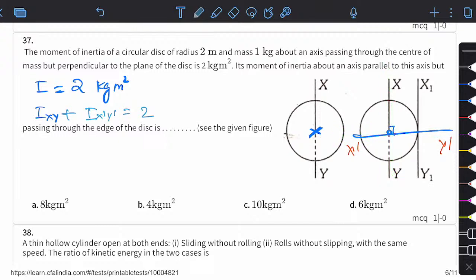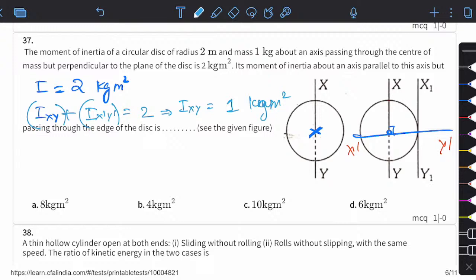Now notice both those axes are symmetric, they are identical actually. With respect to our system here, both the axes are diameters of the circle, right? So these two moments of inertia must be equal, and therefore Ixy is equal to 1. Because they are equal, you get 2 by 2, which is 1 kilogram meter squared.